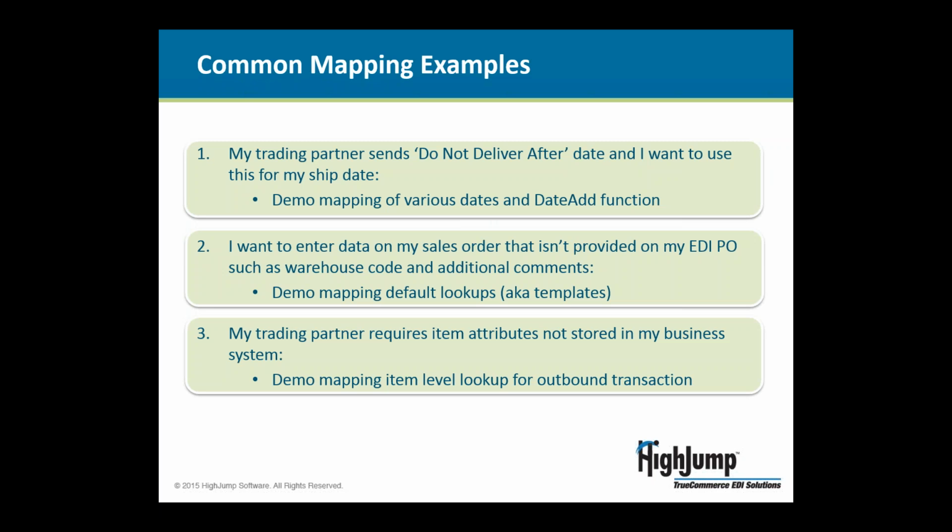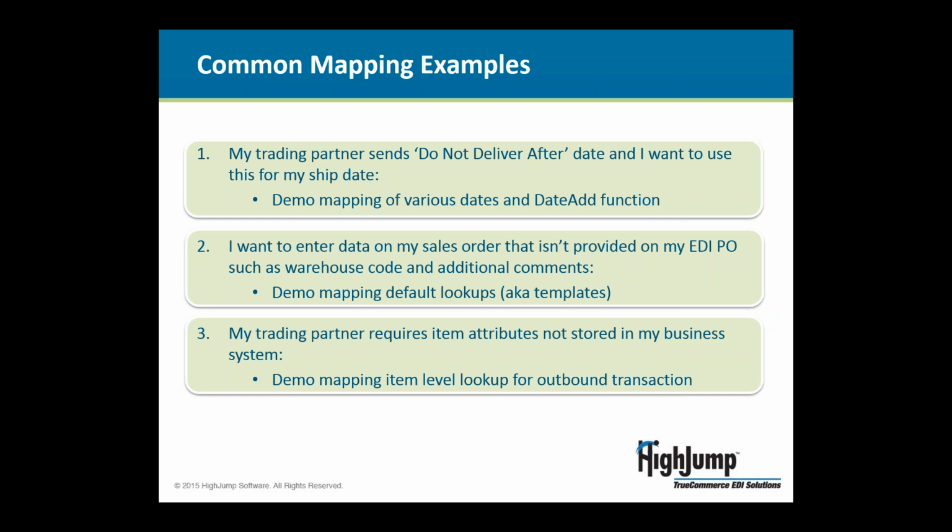But oftentimes, you may want to take a date provided by your partner and map it into your system. So it's not ship date to ship date, but perhaps it's do not deliver after date to ship date. And then maybe you want to add or subtract days to that. And maybe even you want to give your users the ability to control how many days that is, and maybe per partner. So I'm going to show you how you can very easily do that with the tool.